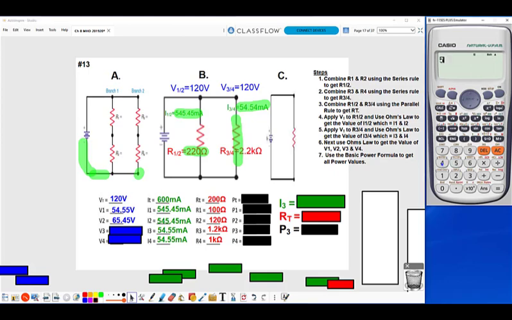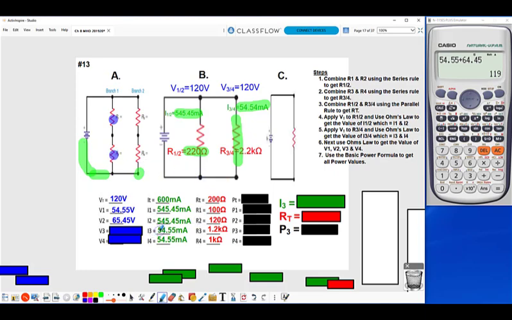If I add 54.55 plus 65.45, that gives me approximately 120 volts. It's a little bit off due to the rounding. So the amount of voltage that I drop here and here will add up to 120.